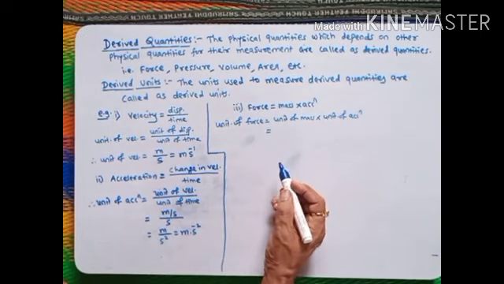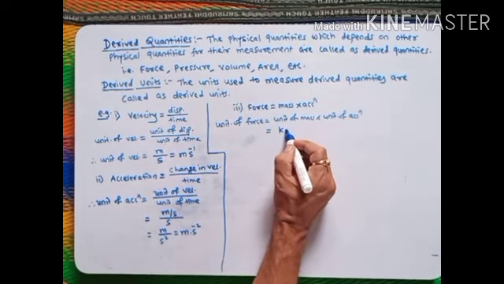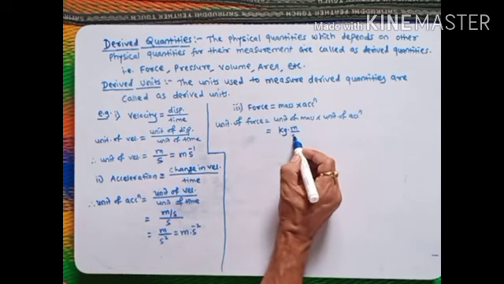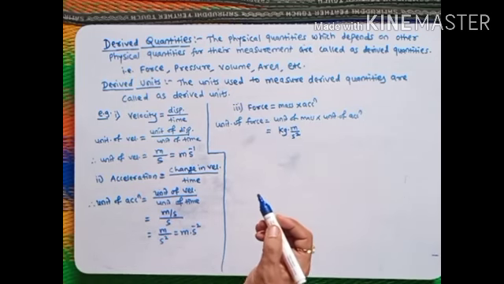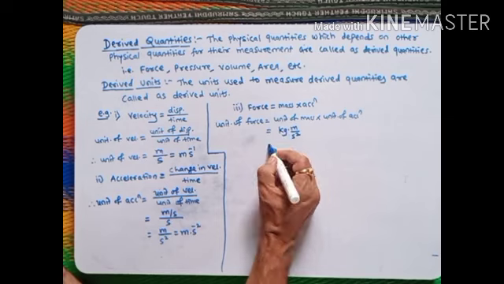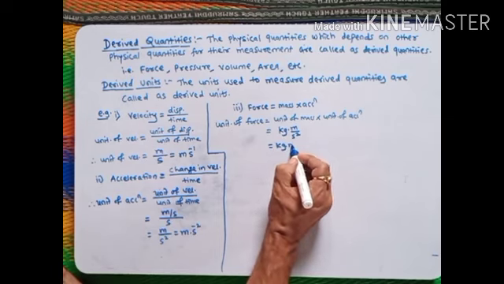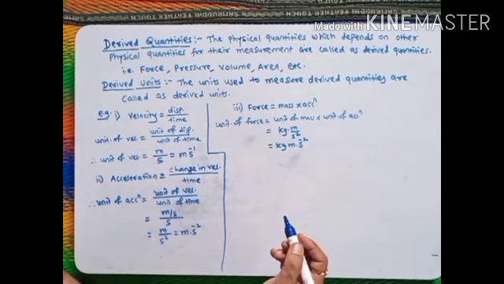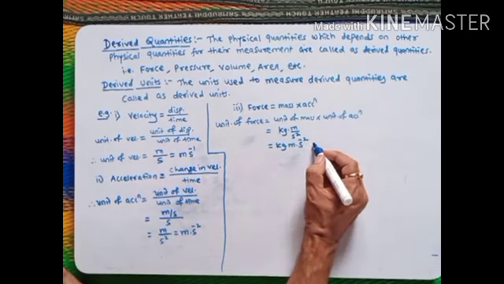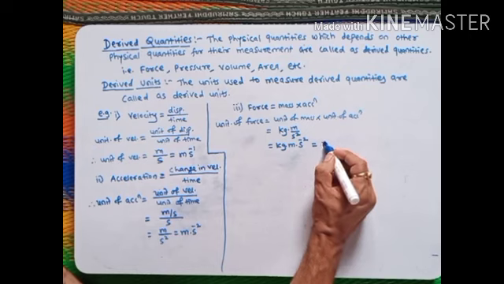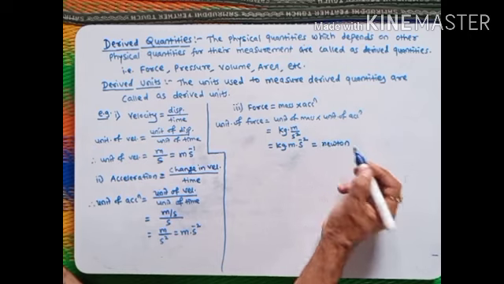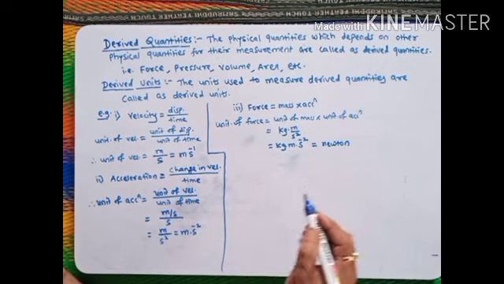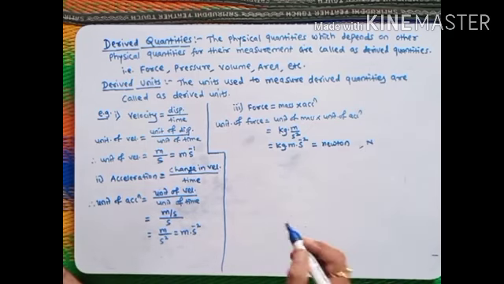Unit of mass, suppose kg, and unit of acceleration is meter per second square. Therefore, I will write kg meter second raised to minus 2. This is the unit of force, and we also call it a Newton. 1 Newton, or Newton is the unit of force. Symbolically it can be written like this, N.